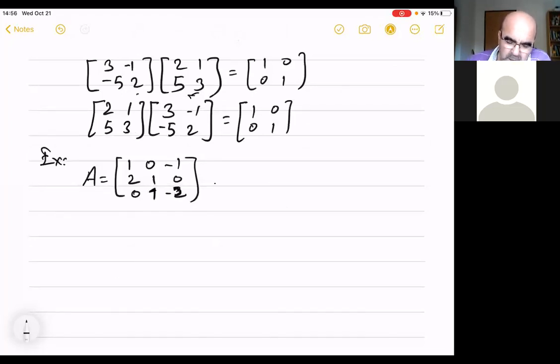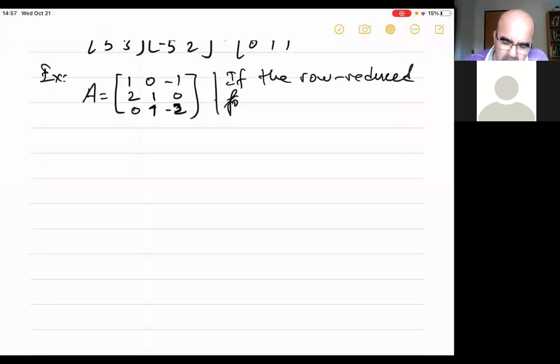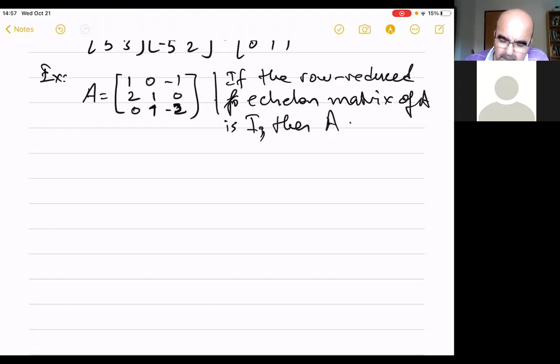and if it is so, let's find its inverse. Of course, if the row reduced echelon matrix of A is the identity I3, then A is invertible.